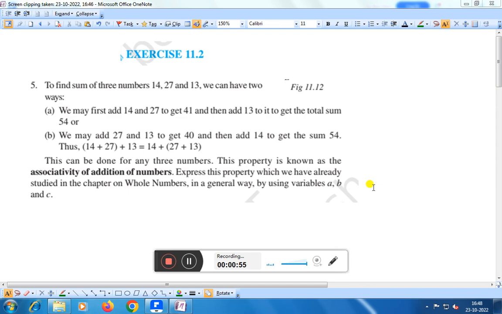Express this property, which we have already studied in the chapter on whole numbers, in a general way by using variables a, b, c.